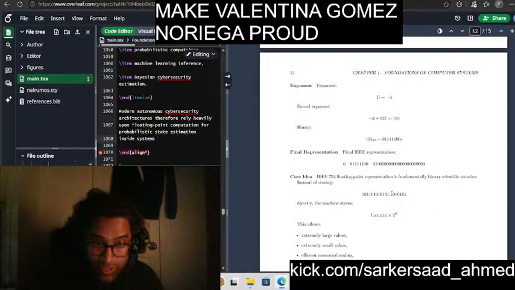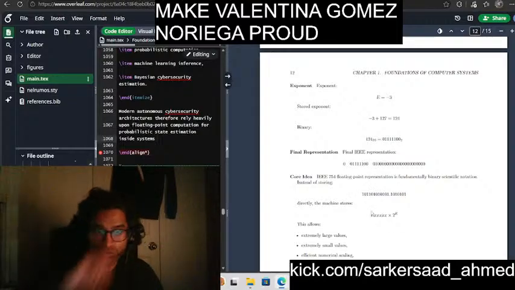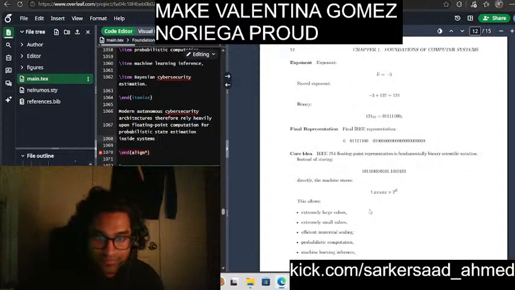So 1 point all those values multiplied by 2 to the power 11.